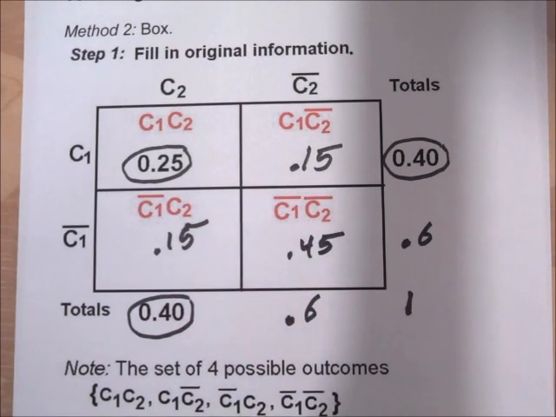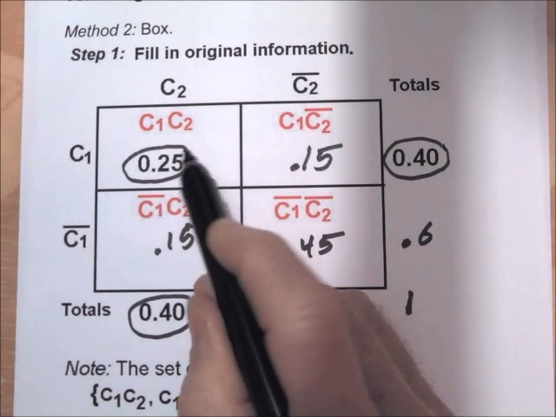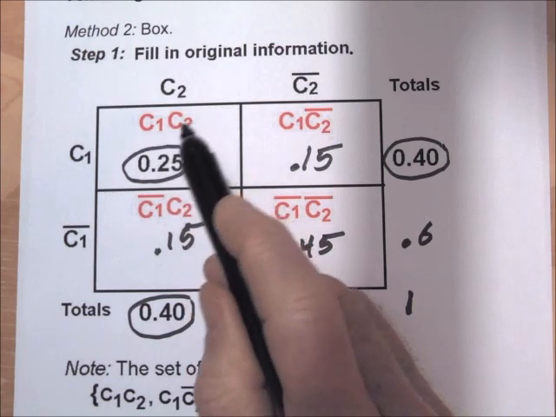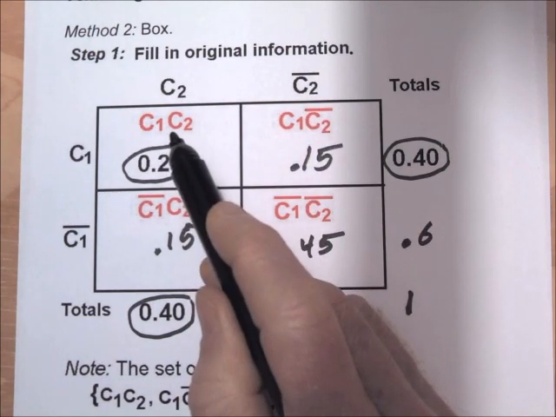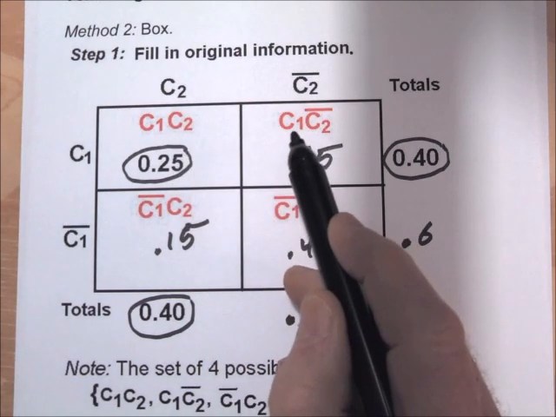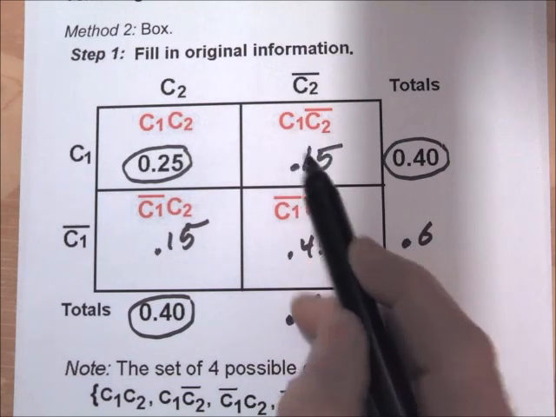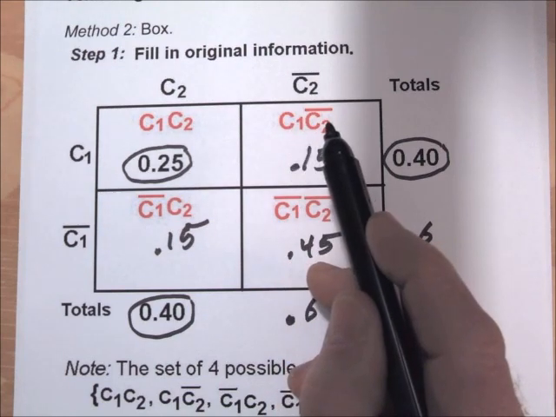So that gives us all the things inside. This box here, I label C1, C2. That's in the C1 row and the C2 column. That represents the event that they both get the flu. This number here represents the event that the first child gets the flu and the second child doesn't.